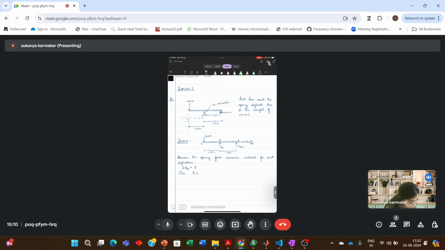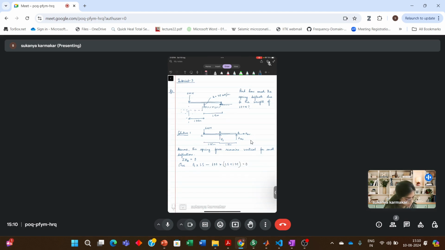So Fs into 1.5 minus 600 into (1.5 plus 1.35). From here you will get Fs to be equal to some 1140 Newton.